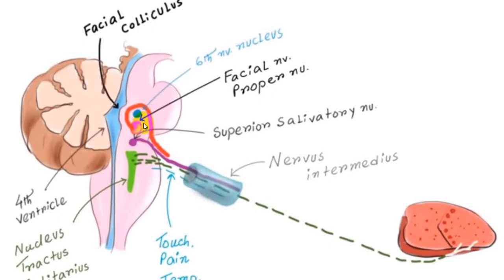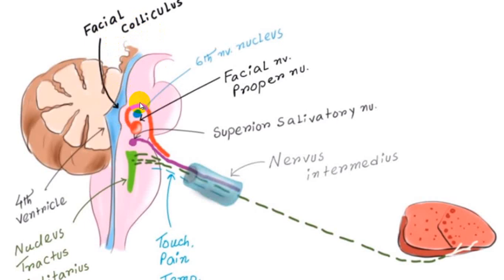Now you can see here, this is the facial nerve nucleus. After origin from that nucleus, the nerve hooks around the 6th cranial nerve, and while going it is running backward, where it produces in the fourth ventricle a little elevation, that is called the facial colliculus.